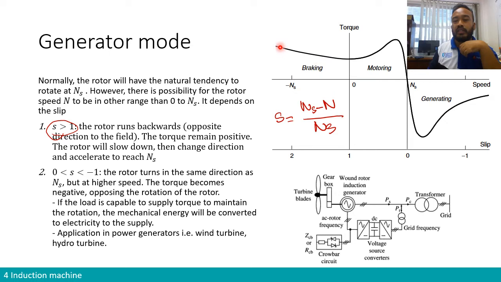There is always torque that will bring the speed back onto the positive direction. That's why we call this operating mode, when you have S larger than 1, braking operation. You can brake a shaft with an induction machine by applying a rotating magnetic field in the opposite direction.